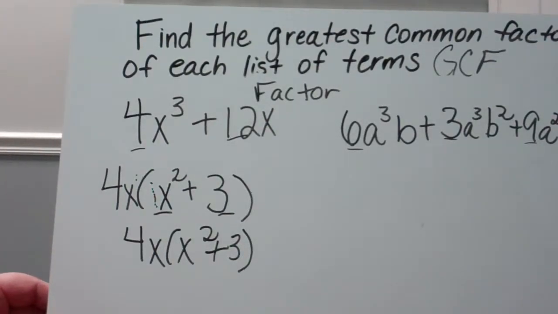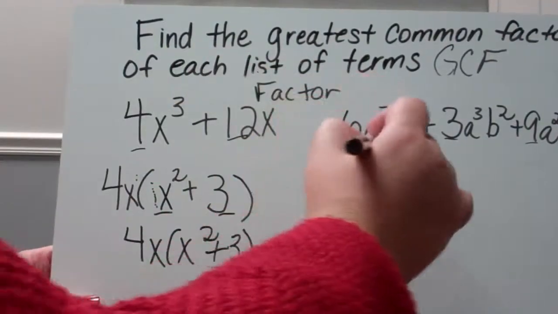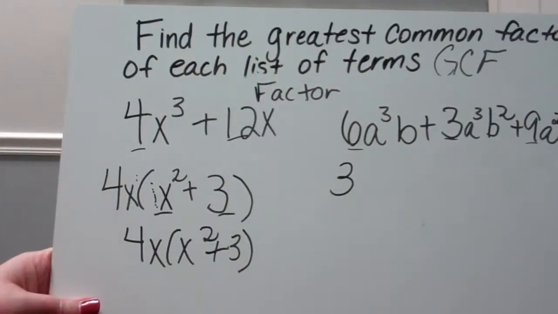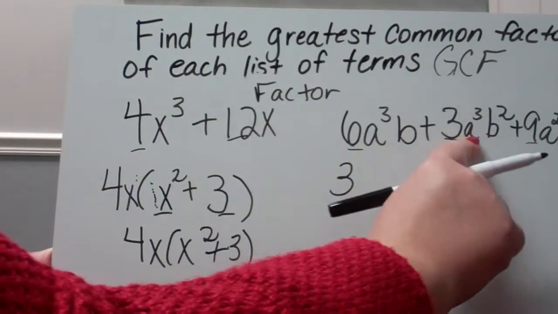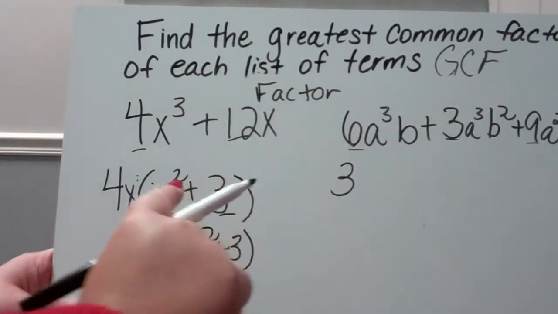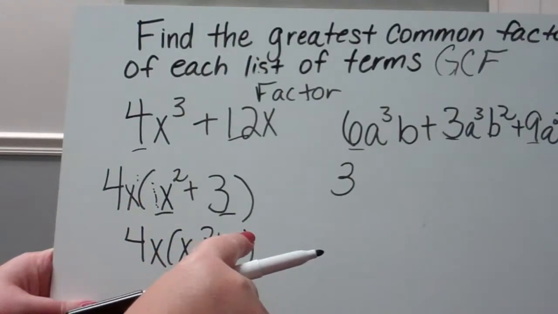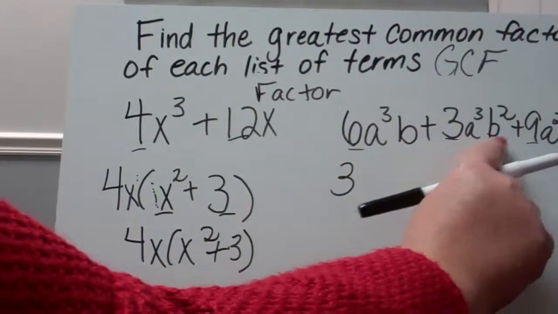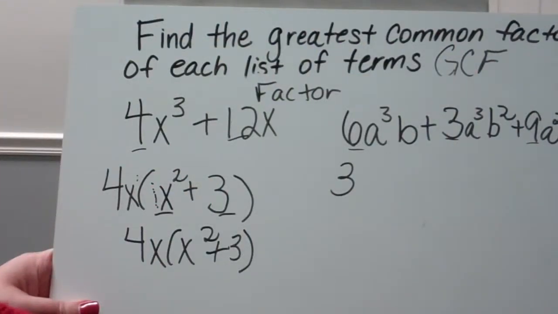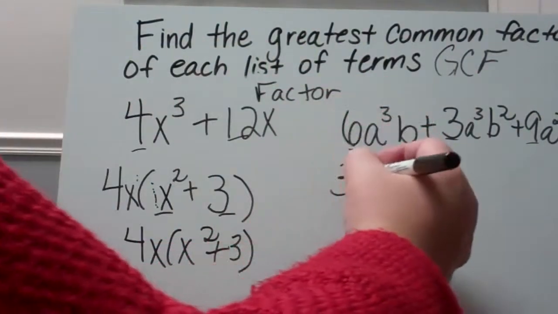The biggest number that'll go into 6, 3, and 9 is 3. Okay. All right, let's look at our a's. We've got a to the third and a to the third, and then we've got a squared. Okay, so the most we could take out of all 3 terms would be a squared.